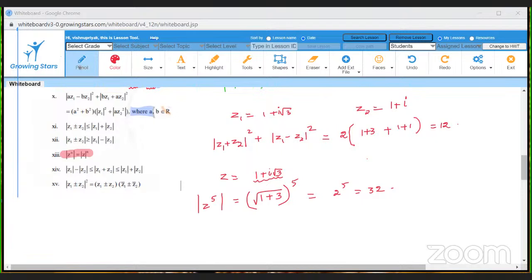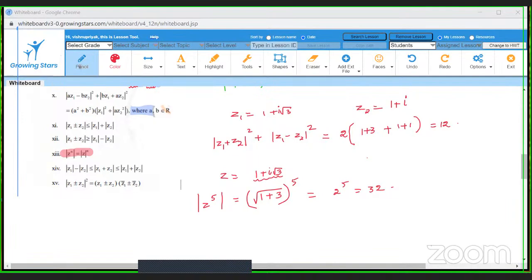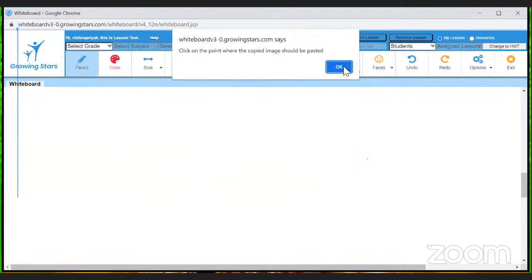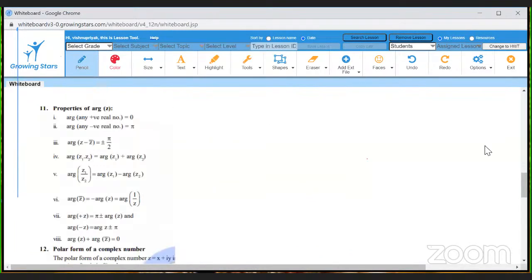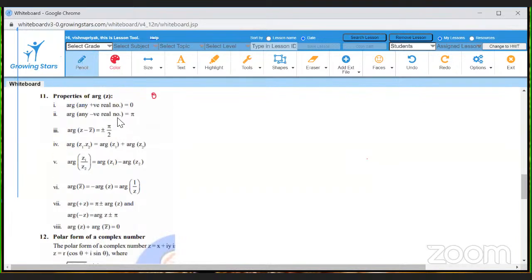The next formula I'm pasting on the board: properties of argument of Z. Argument means I'm telling about theta, the angle of any complex number.